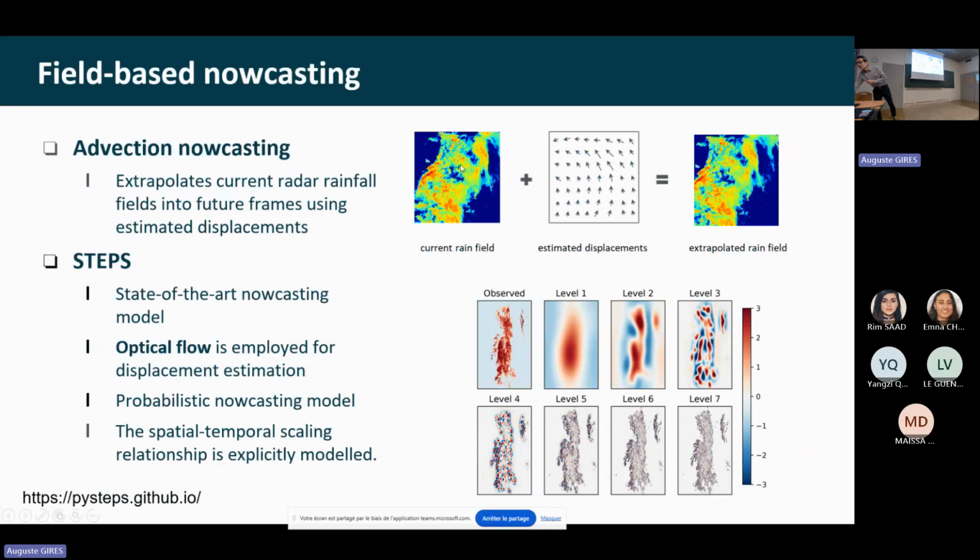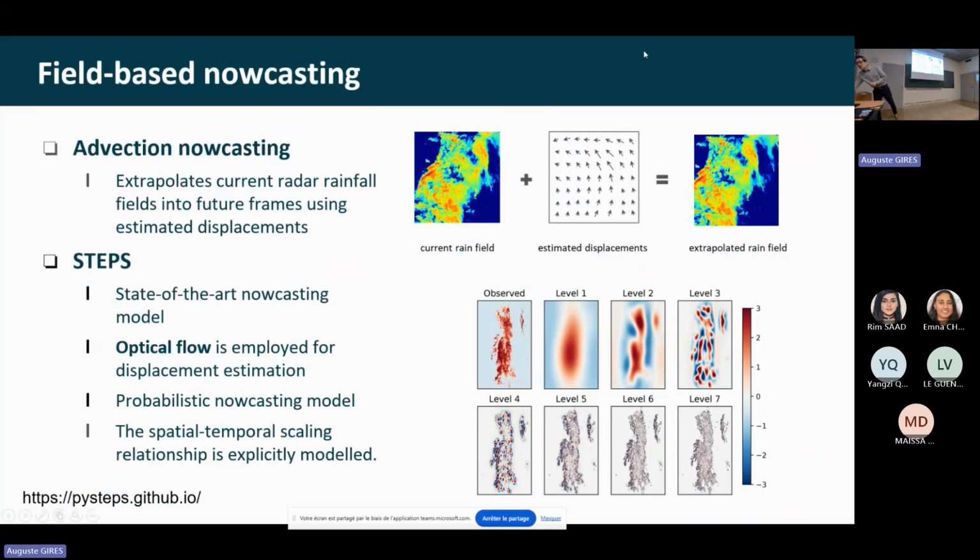The idea is they look at the current rainfall field from the current several time steps, so they can derive the movement between these radar images, and then assume it continues with similar movement to extrapolate what's going to happen. In this sense, computer vision plays a very important role here to help derive the field of motion from two consecutive radar images.